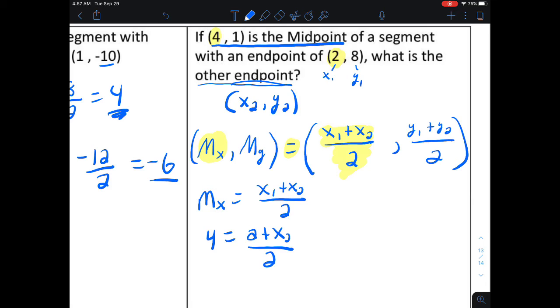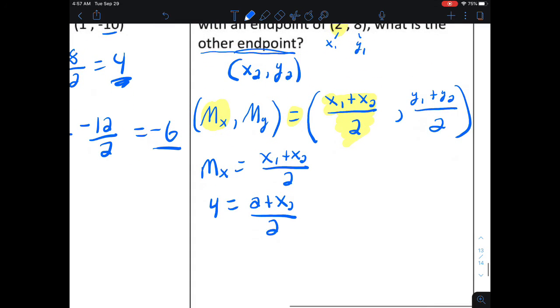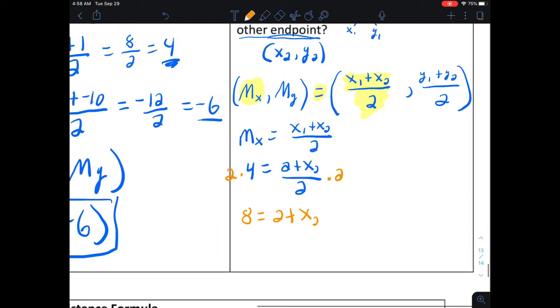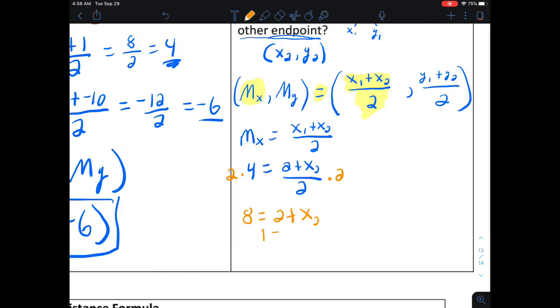I'm trying to find that x2, so that's my x coordinate. To solve this, you're going to multiply by 2 to get rid of that 2 that I'm dividing by. That gives me 8 equals 2 plus x2. And then you subtract 2, and I get 6. So 6 is the x value of that coordinate.